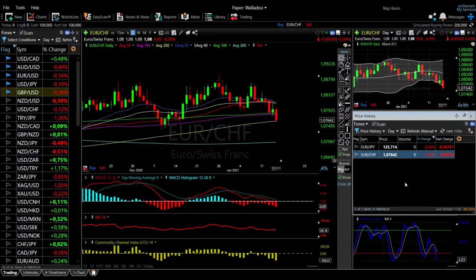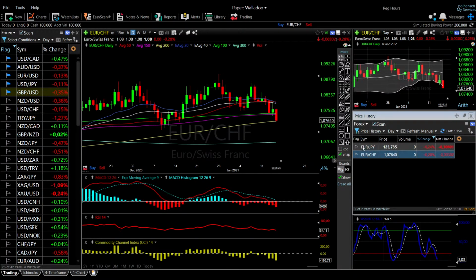If I use my scan, straight away 2 currency pairs come up within this scan, and therefore I don't have to look at all of the other currencies constantly. I just use the scan, and I see, okay, these 2 currencies have crossed this lower part of the Bollinger Band and are significantly oversold or overstretched at the moment.